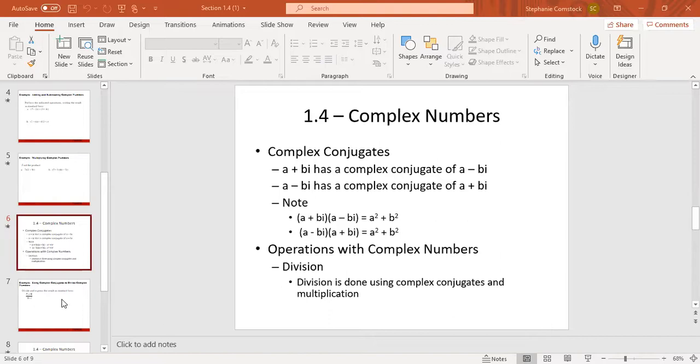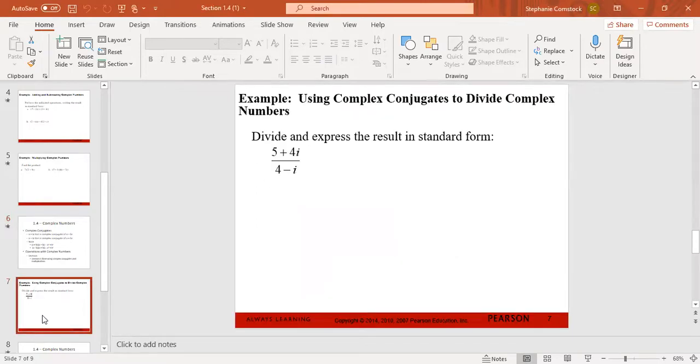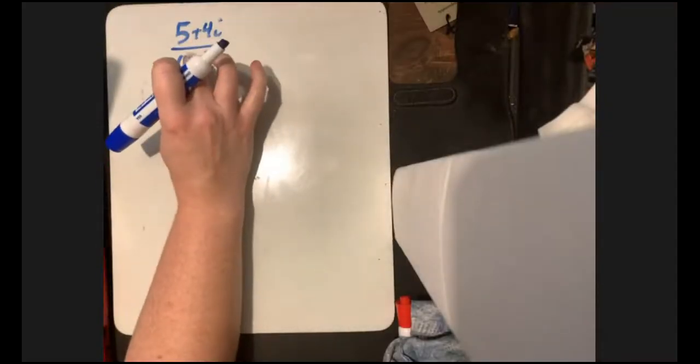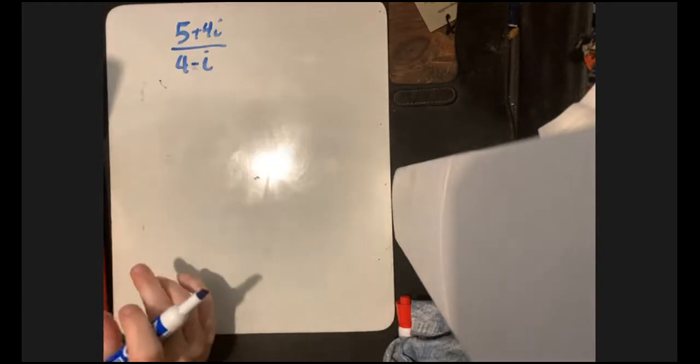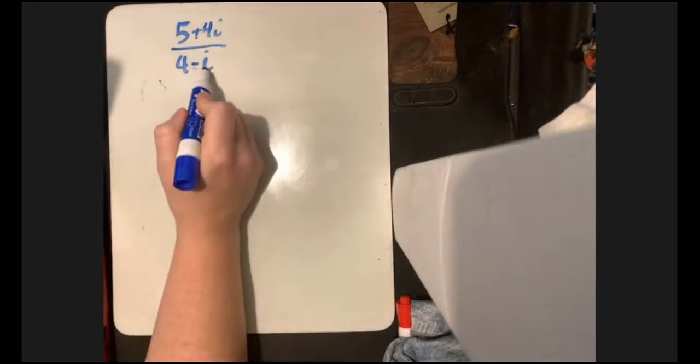So the example that we're going to look at here is 5 plus 4i over 4 minus i. Now, the concern here is not the fact that I have an i in the top, okay? We're okay with that because it can wind up coming out as a complex number. The concern here is that we have an i in the denominator.